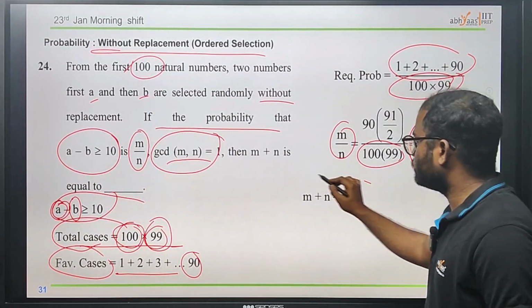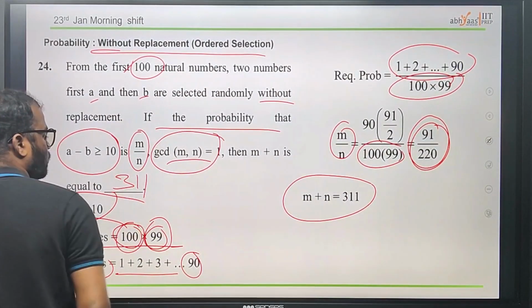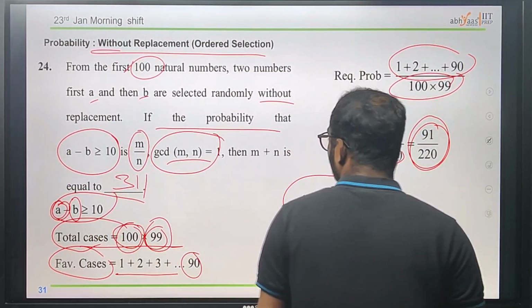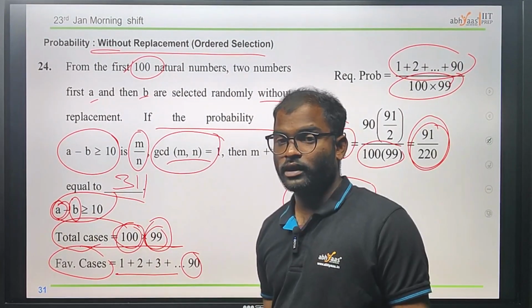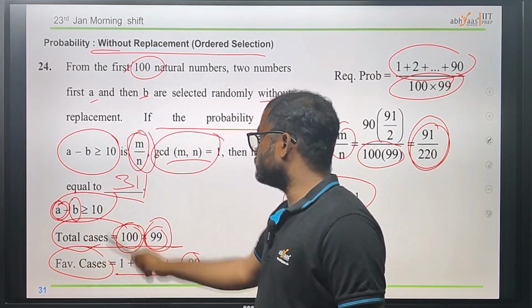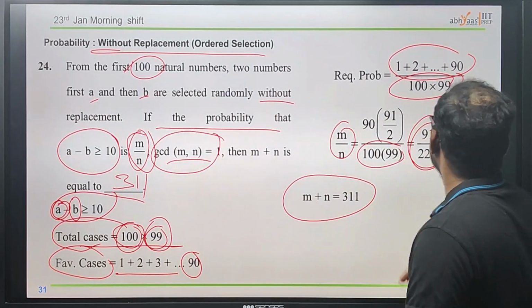After that only we have to substitute. We will have 311. Therefore 311 is our answer, where m by n, which is 91 by 220, is our probability. That's how we will solve this one.